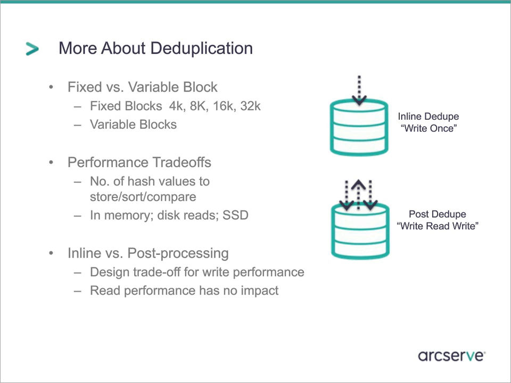But the point is it's not as efficient in the sense that it's going to take slightly longer, because with post-dedupe, you've got to be able to land the data first and then sort it out afterwards, whereas inline kind of does it on the fly. The other thing is that with post-dedupe, you need a lot more disk storage. And there are a number of appliances, both backup and data protection appliances and pure hardware dedupe appliances that customers use for backup as well, that use post-dedupe.